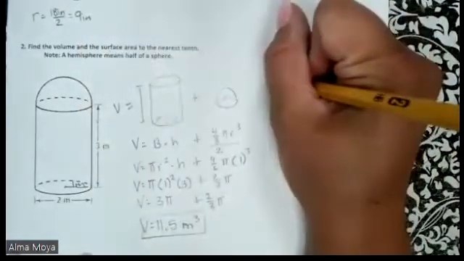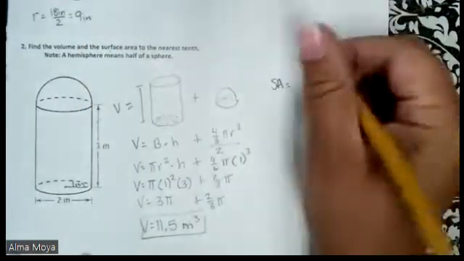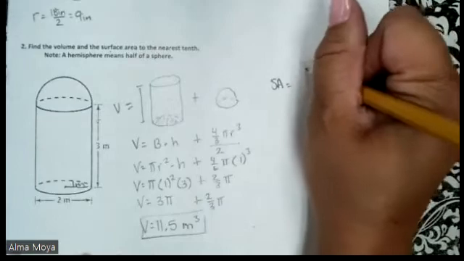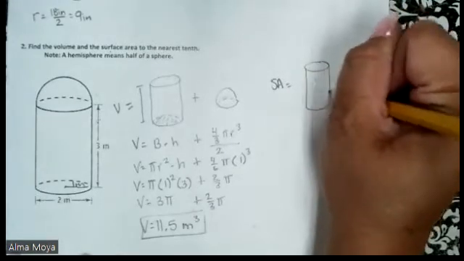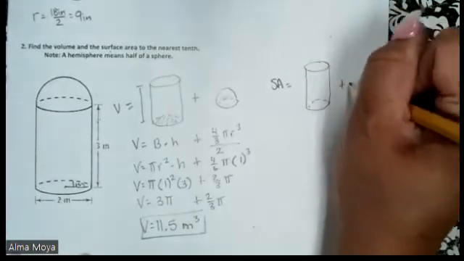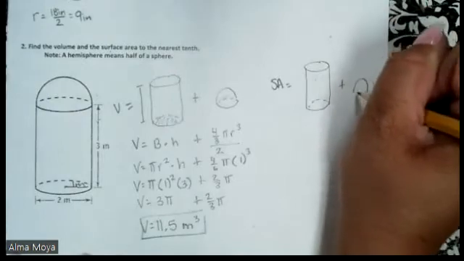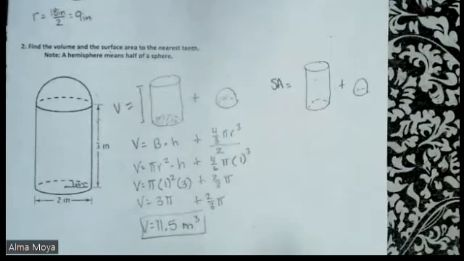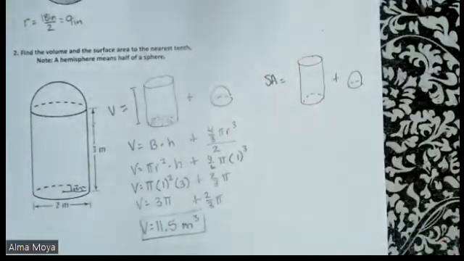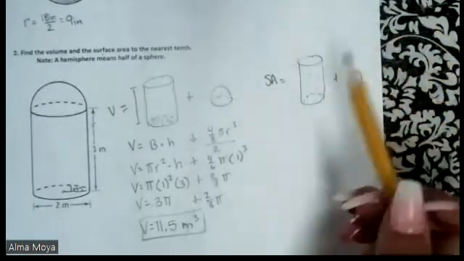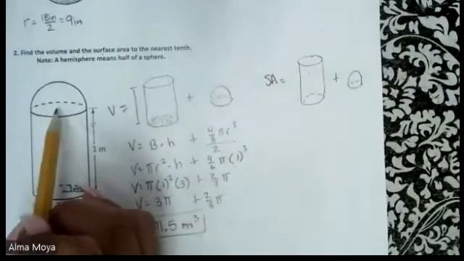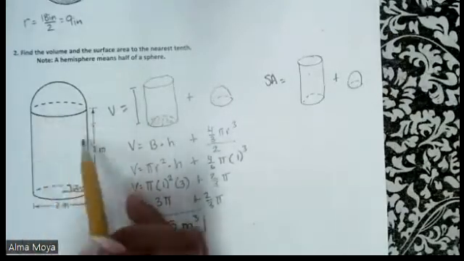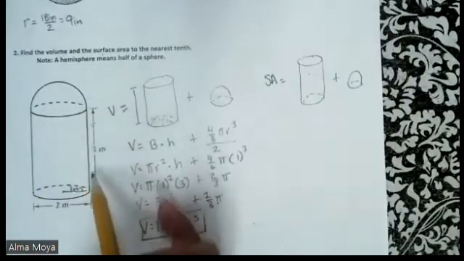When you're doing your surface area, once again, you have to do the cylinder plus the half of the sphere. Now, on the cylinder, if you notice right here, you're going to find the circumference and multiply that by 3.